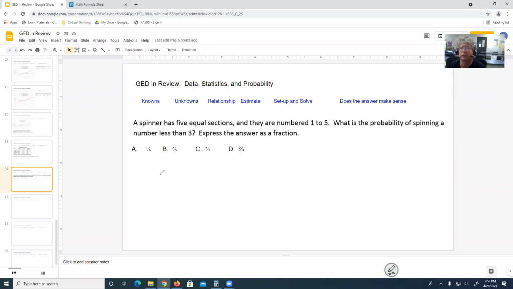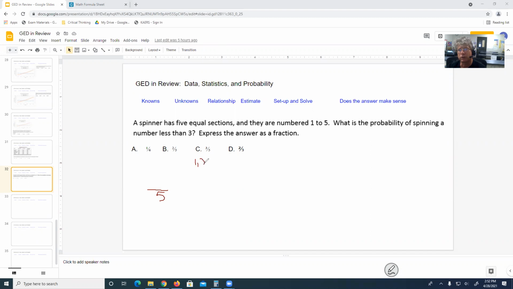So we have these fractional answers again. Notice that there are 5 regions altogether. So that's all the possibilities, the bottom part. And the part that I'm looking for is what's less than 3. Well, there are only 2 numbers less than 3.